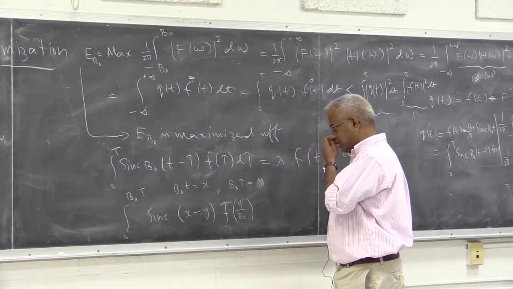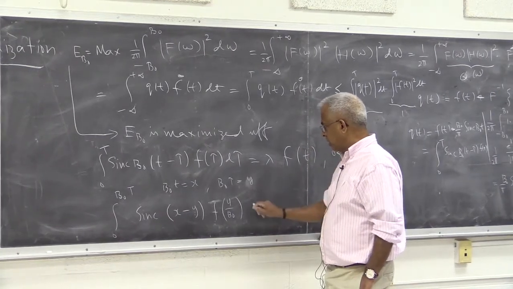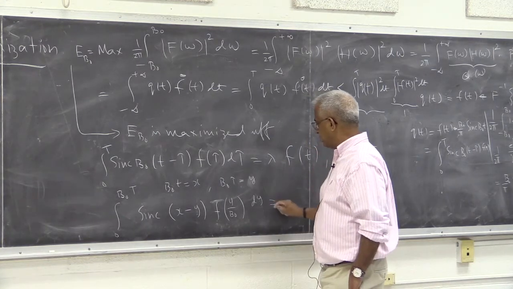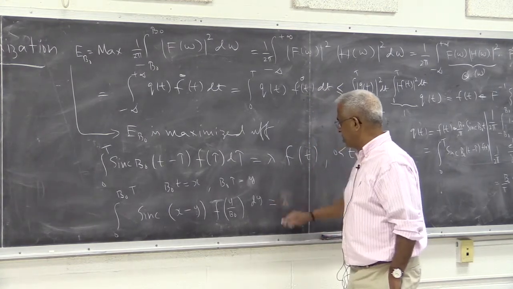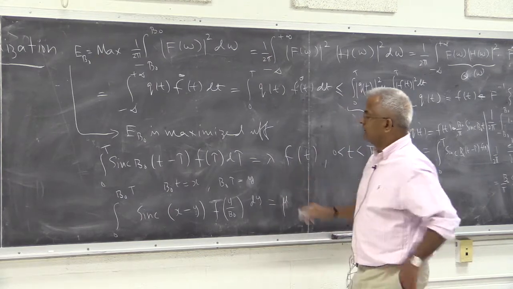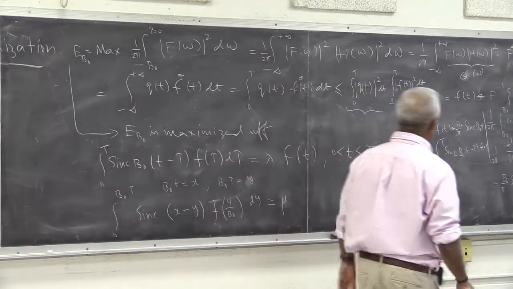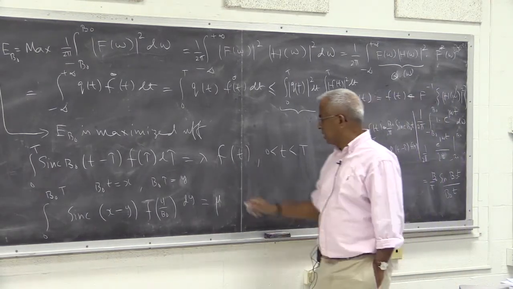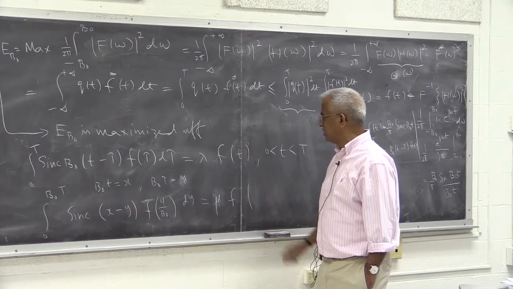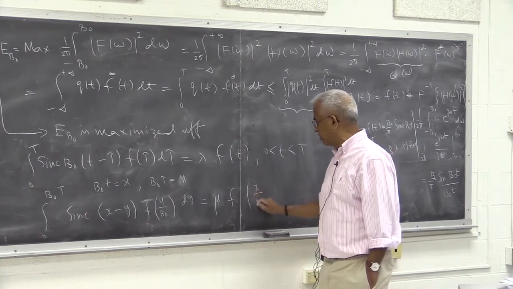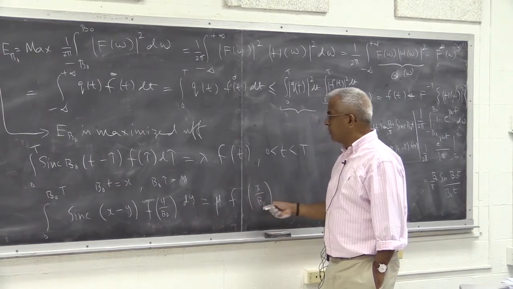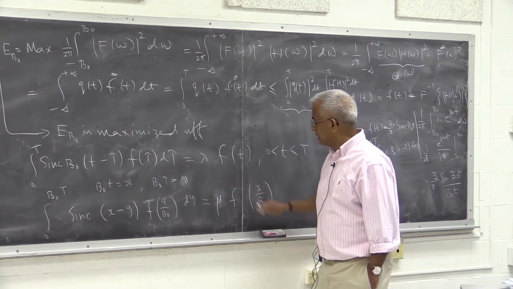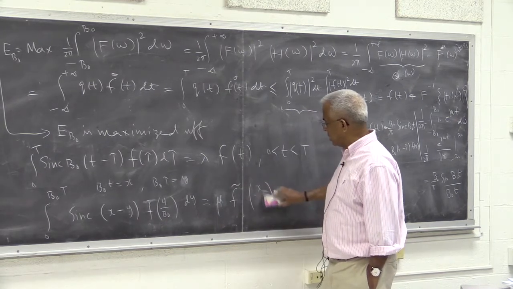D tau is dy over b naught. So that's a constant. That constant we can absorb with the lambda. So I'm going to change the lambda to mu. In fact, lambda also absorbs these other constants, which is here pi over b naught, etc. And here you have f of t is going to be x over b naught. So if you scale the f by b naught and call it f tilde, then you can rewrite it like this.